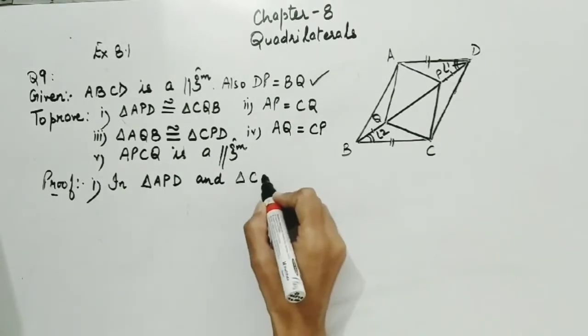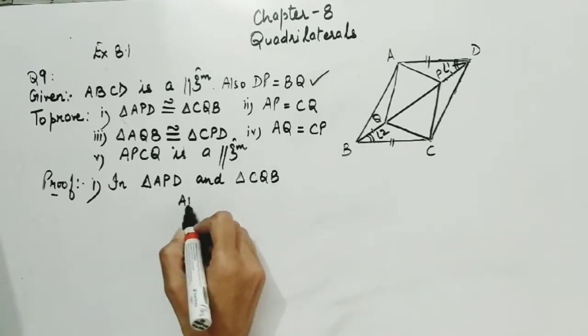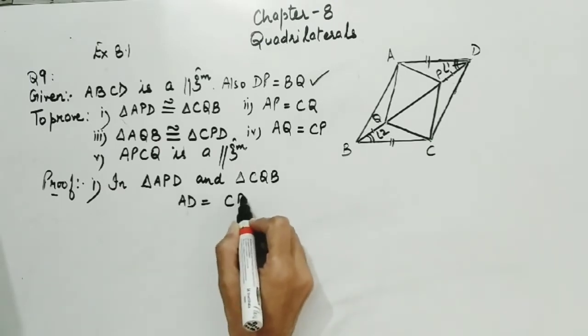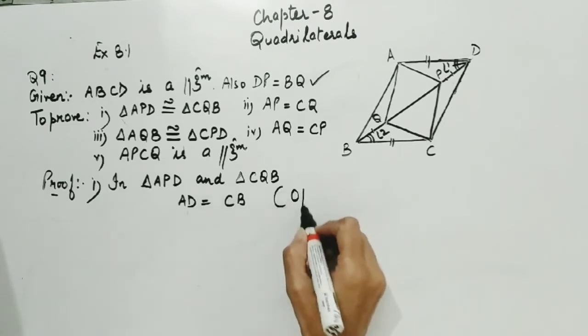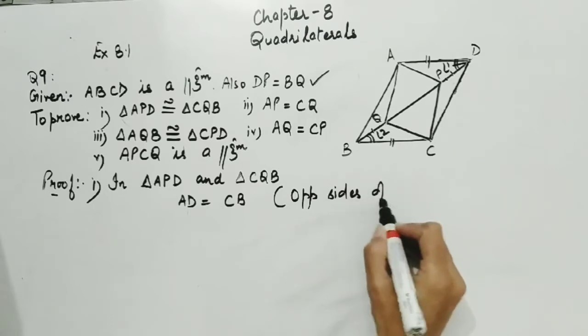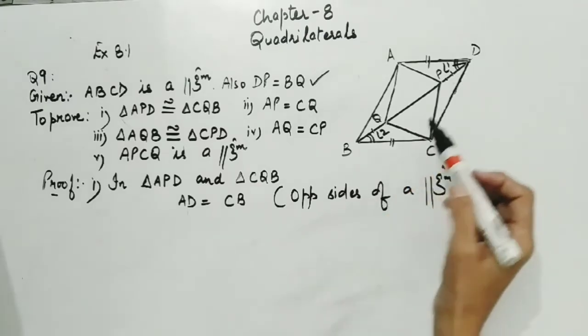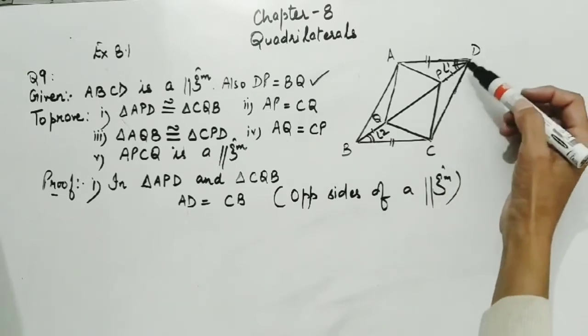Triangle CQB. First is AD is equal to CB. They are opposite sides of a parallelogram. The second matching part is the pair of angles which I have already marked.